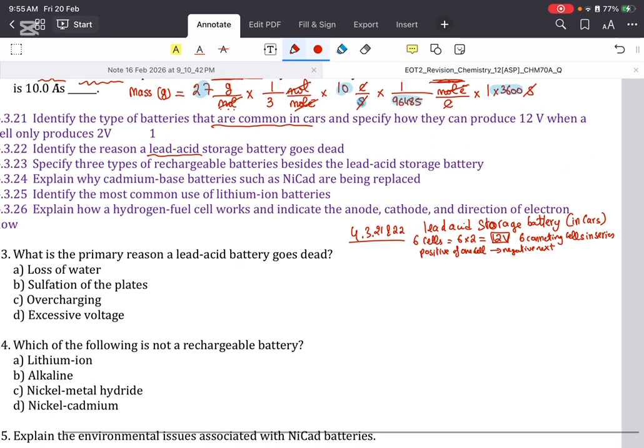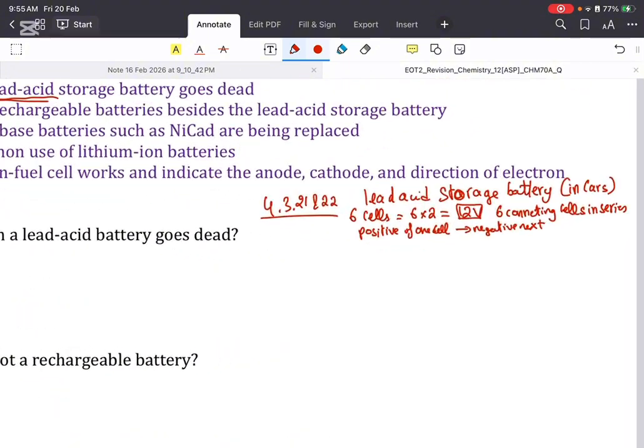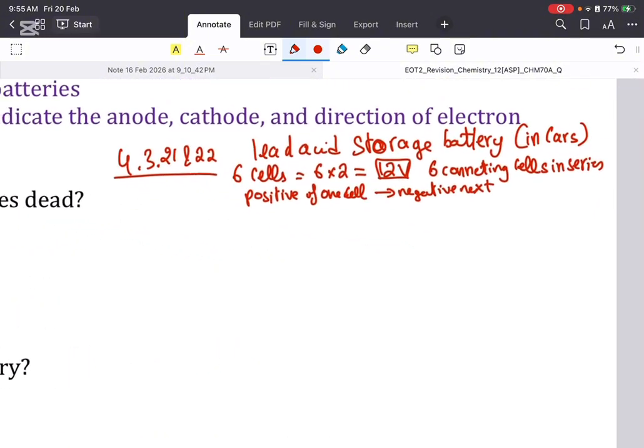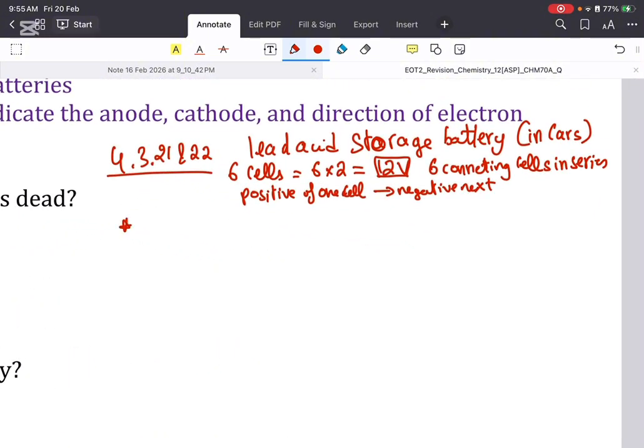Now, the reason why a lead acid storage battery goes dead. Let me give you the first reason. It's called sulfation. In this cell, we have the solution of lead sulfate, PbSO4, in it.